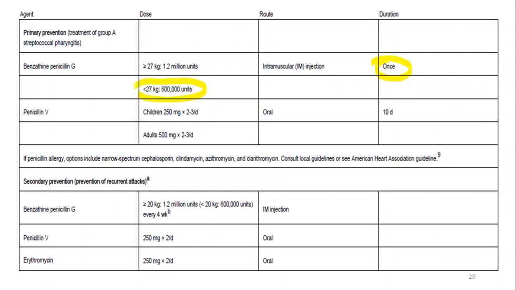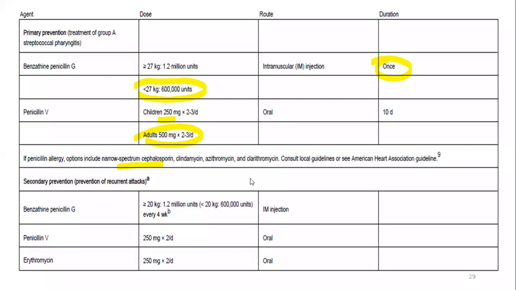Then remember, for children we use 250, and for adults we normally use 500 milligrams for 10 days. But if a patient is allergic, we have different options, like first-generation cephalosporins, which can also be considered in the management.